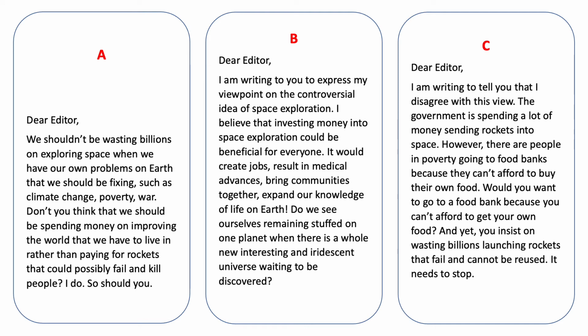Green group, you need to identify the AHA features used in each, and you need to think about why that has been chosen. And finally, red and blue groups, you need to think about which introduction has been most effective in using the AHA features to emphasize the assertion. Pause the video now and complete the task.